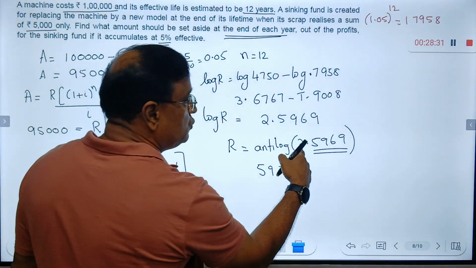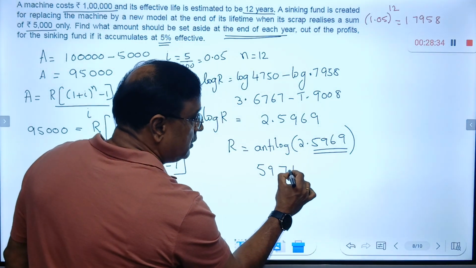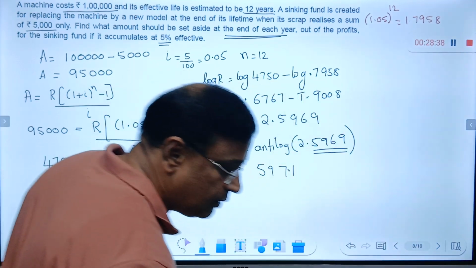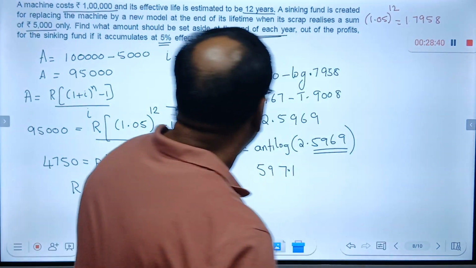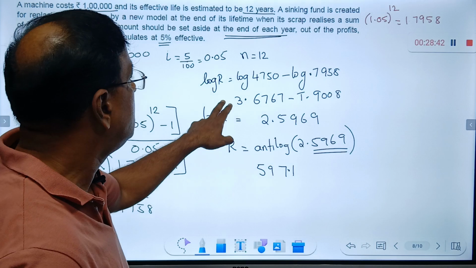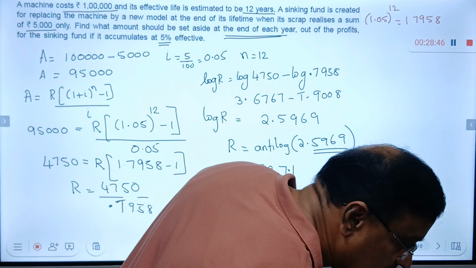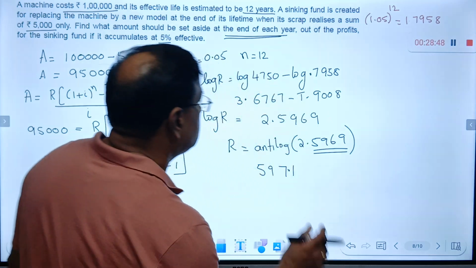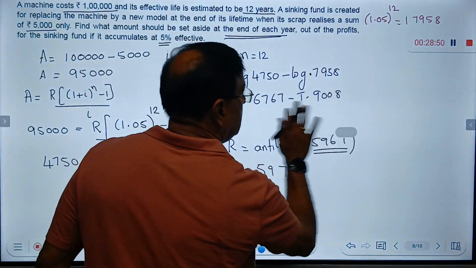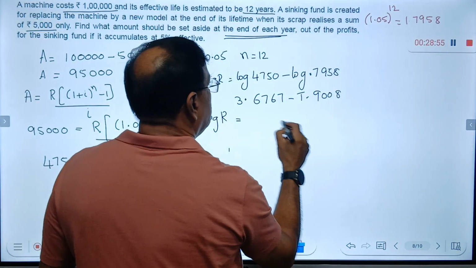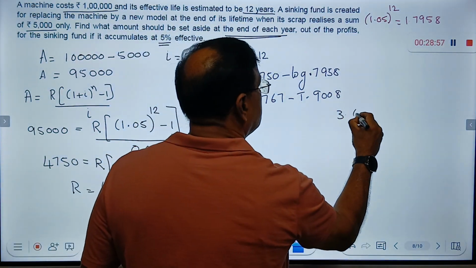Since it is for two point, I have to put a decimal point. I hope this is correct. I think this is not correct, I made a mistake here. Better I do the subtraction. I'm sorry, there's something wrong.